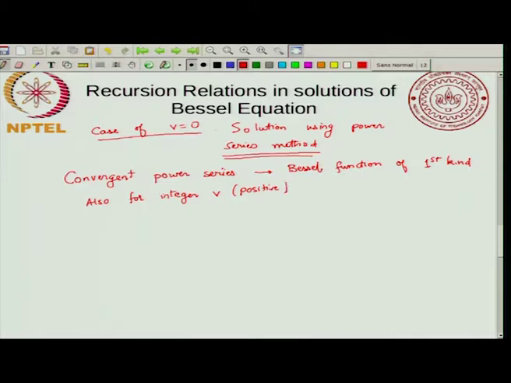When you take R1 equal to v greater than 0, you take the absolute value of v. This power series also leads to a convergent series, which is also called the Bessel function of first kind.